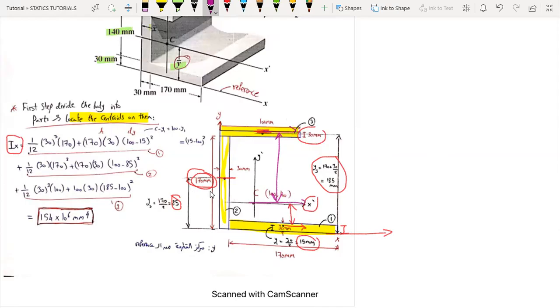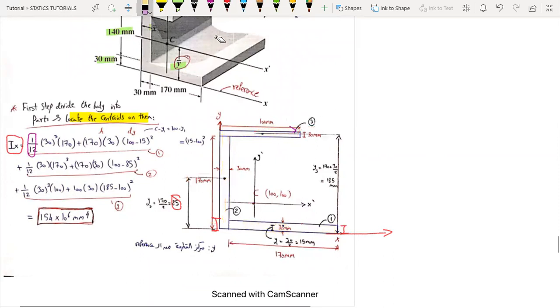So segment number one will be 1 over 12, 30 cubed. Why? Because the x-axis is crossing this dimension, which is 30. So 30 cubed multiplied by the other dimension, which is 170 millimeters, plus the area, 170 multiplied by 30, and dy is what?